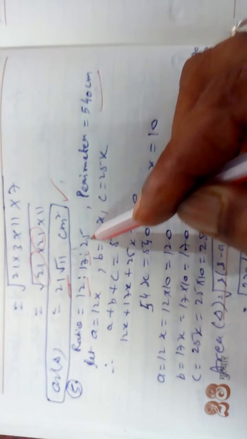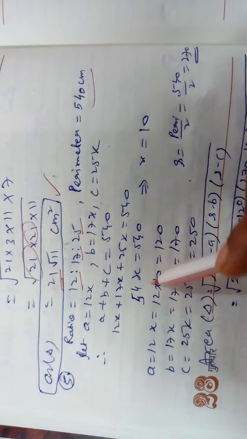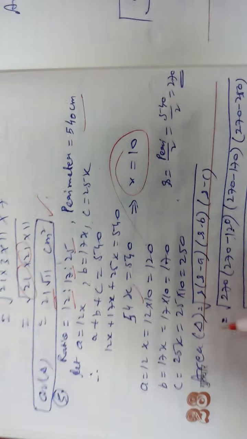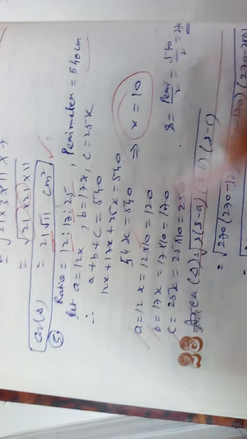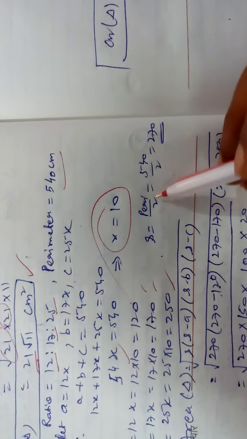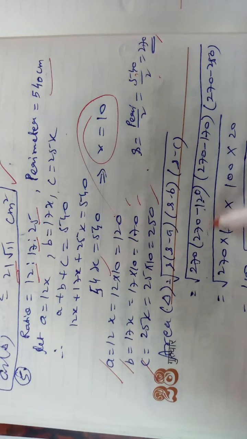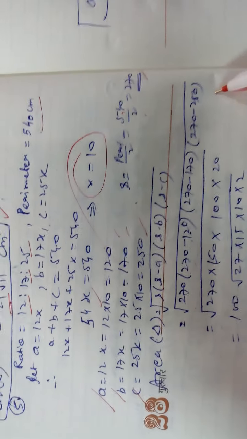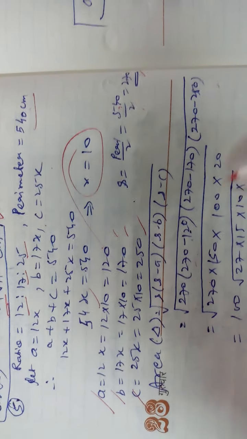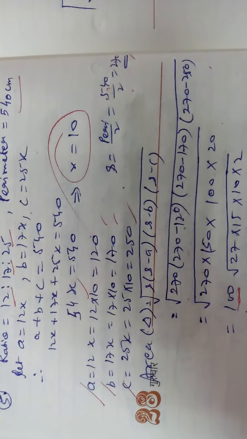Question number 5. The ratio is given, perimeter 540. You take the ratio as 12x, 17x, 25x. So add all: 54x is 540, then x will be 10. First side, second side, third side. Semi-perimeter, perimeter by 2, 270. 270 minus A, B and C. Getting this, again 40, 10, 20, 30, 40 gives you 100 outside.